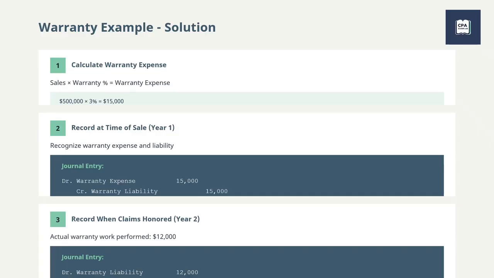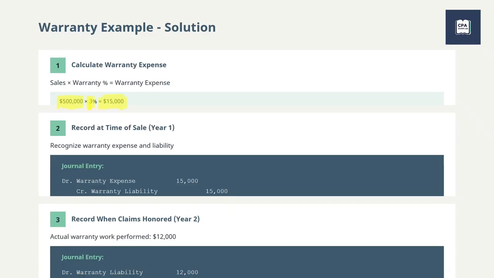So here is the solution, which is very straightforward, very logical. What did it say? We made sales of 500,000. And the warranty based on previous estimates was 3%. So what is our warranty expense? 500,000 times 3% is 15,000.